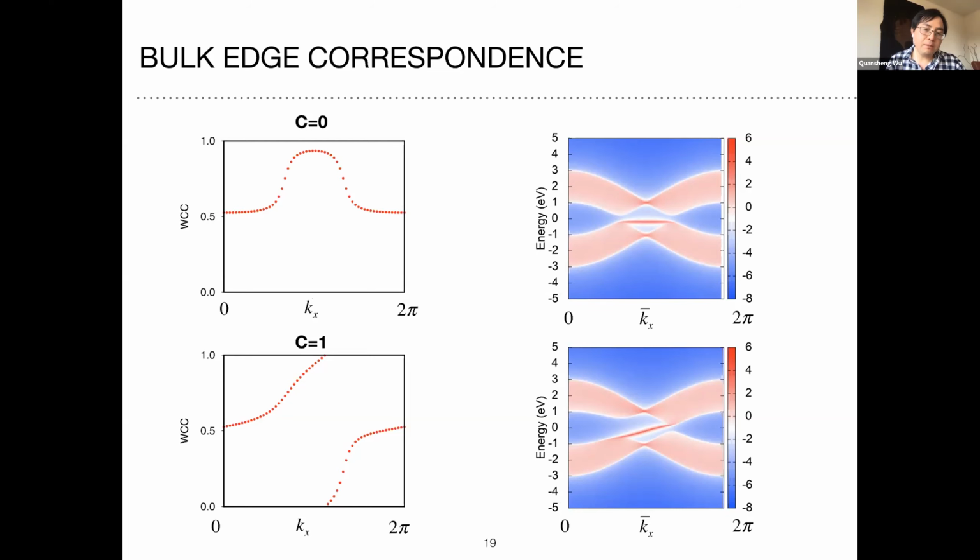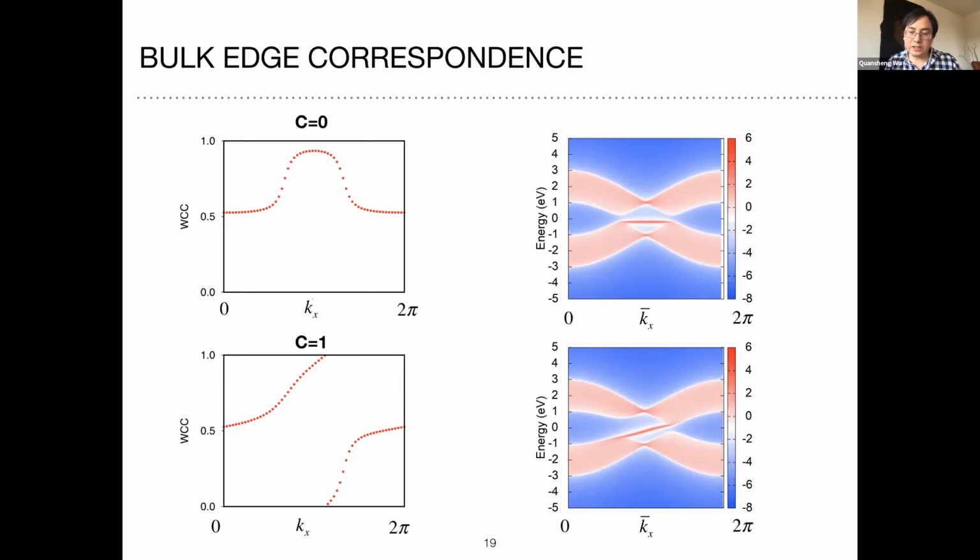So the Chern number just accumulates the center from this one. Here we accumulated this part, and in this case we accumulate this one. So in total, the Wannier charge center evolution is 1. So the Chern number is 1.